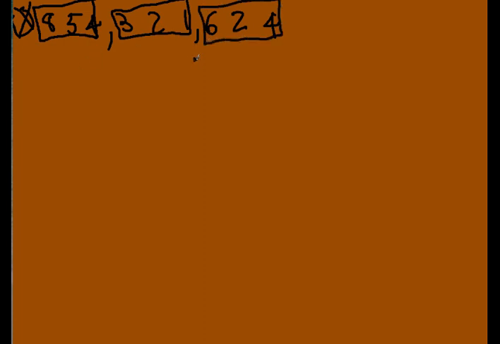And keep in mind, what does this comma mean again? It means 1,000. When you're going from right to left, the first comma is always 1,000. The second comma always stands for million. So let's do it again. Look at the first box. What is the first box saying? 854.